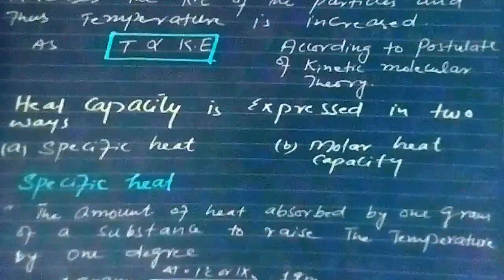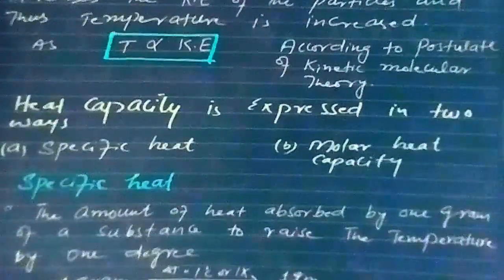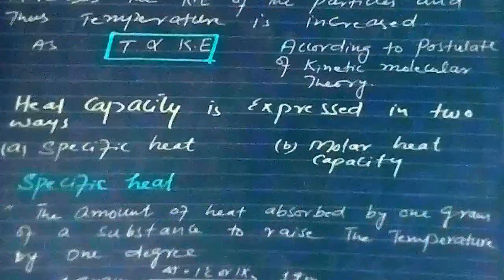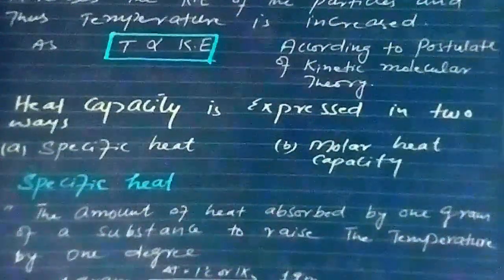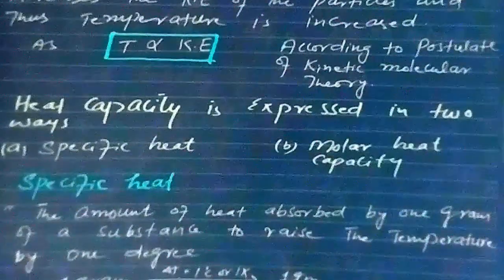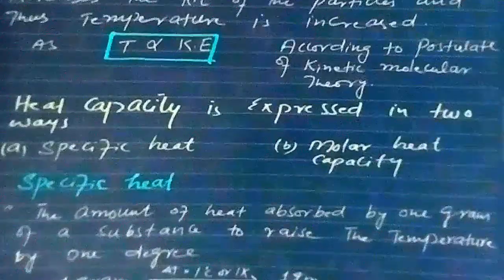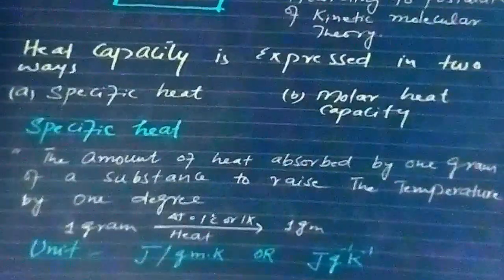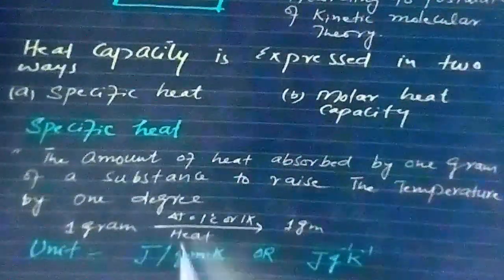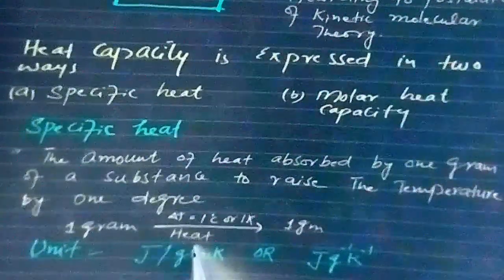Specific heat capacity is the amount of heat absorbed by 1 gram of a substance to raise the temperature by 1 degree. When there is 1 gram and the temperature of this 1 gram of substance changes by 1 degree, it is called specific heat.